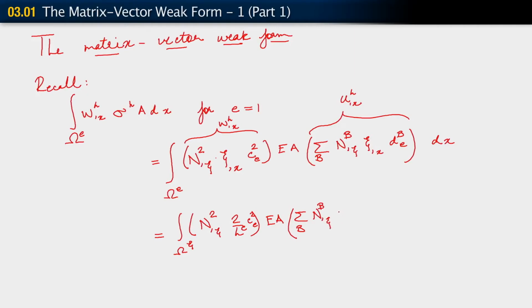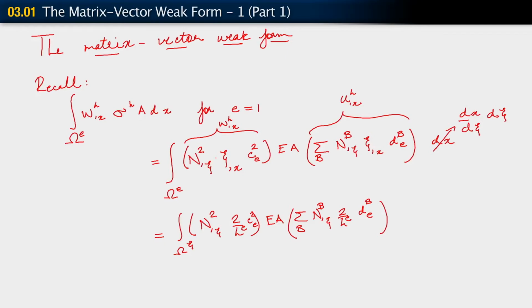Again we get xi comma x. We use 2 over he for that as well. We have here dBE. And now like we did in the previous segment, we're going to rewrite dx as dx d xi, sorry, it is dx d xi times d xi.